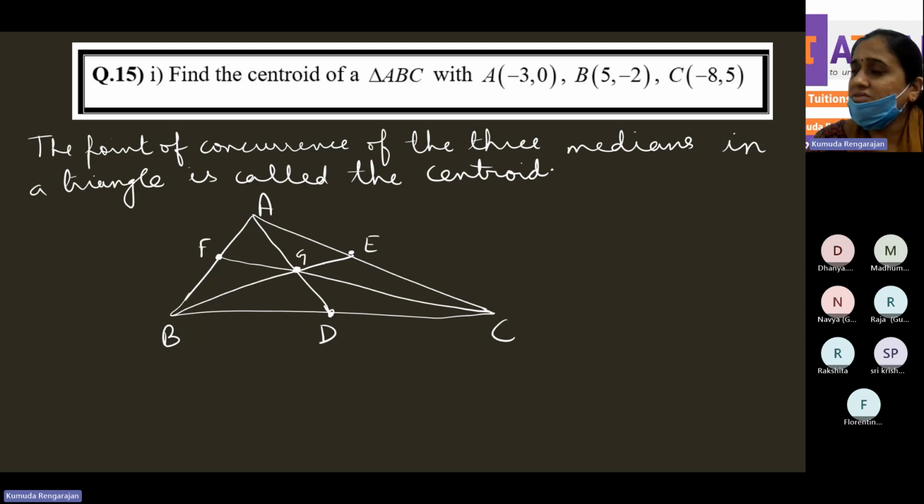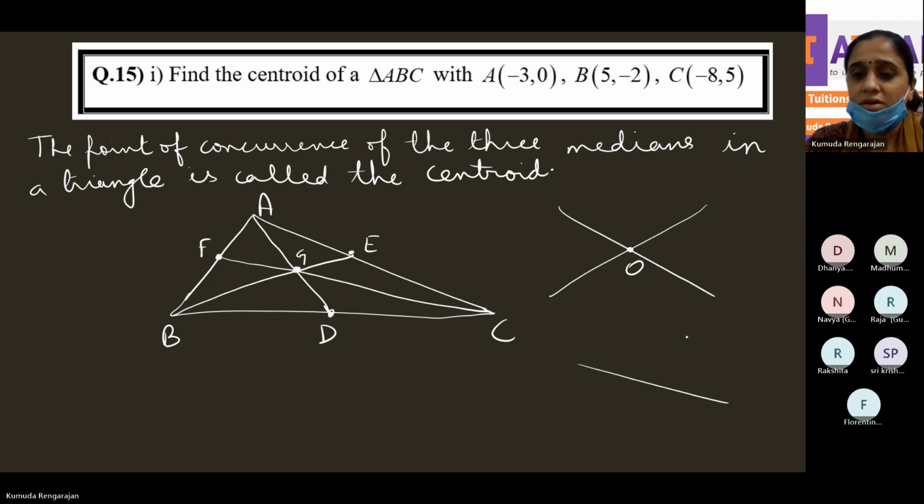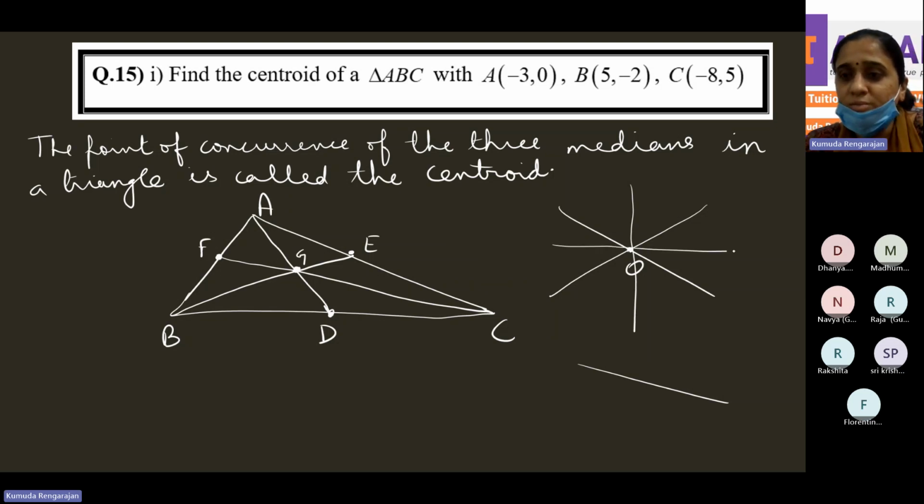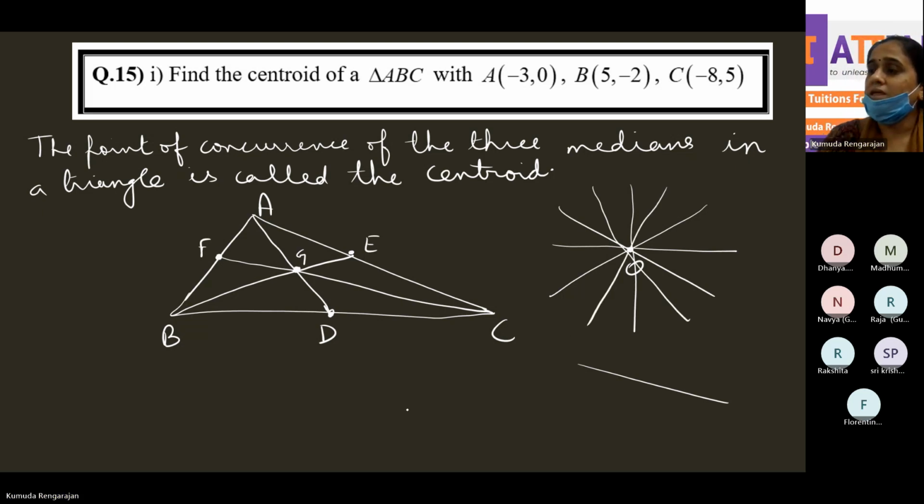See, the point of intersection is the point where two lines meet. When more than two lines or line segments pass through the same point, it's not called the point of intersection, it's called the point of concurrence. See, here in this figure, O was the point of intersection. But now O is the point of concurrence. When exactly two lines or line segments meet, we say it's the point of intersection.